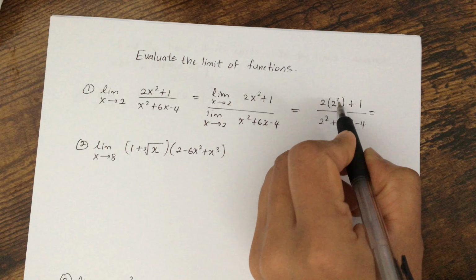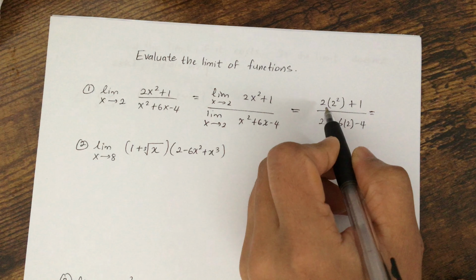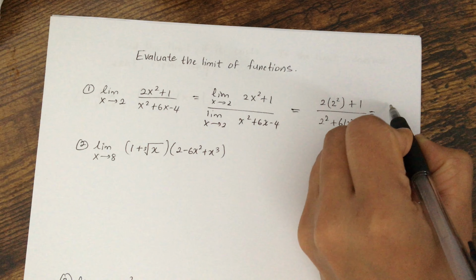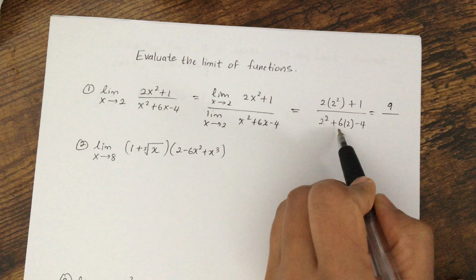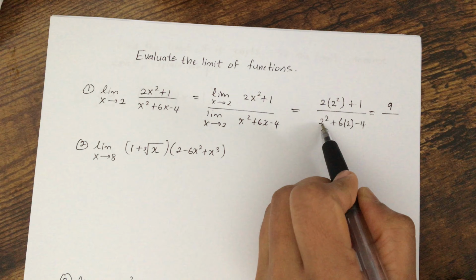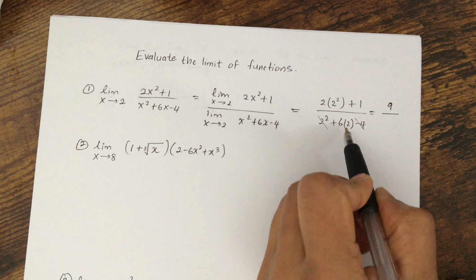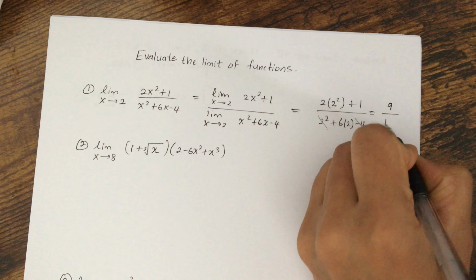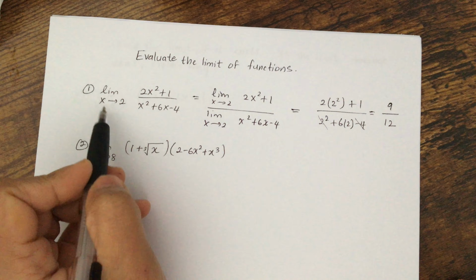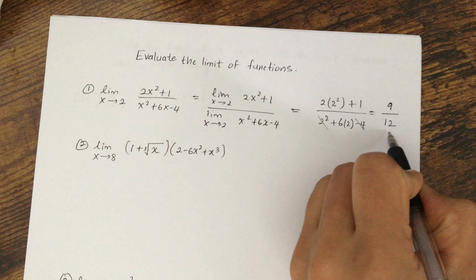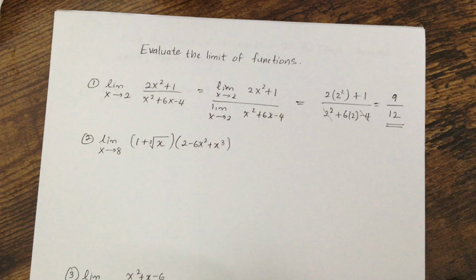So here 2 squared times 2 is 8 plus 1 is 9, 9 over here 4, positive 4, here negative 4, so these two cancel, and then 2 times 6 is 12. So the limit x goes to 2 of this function is 9 over 12. So this is the answer.